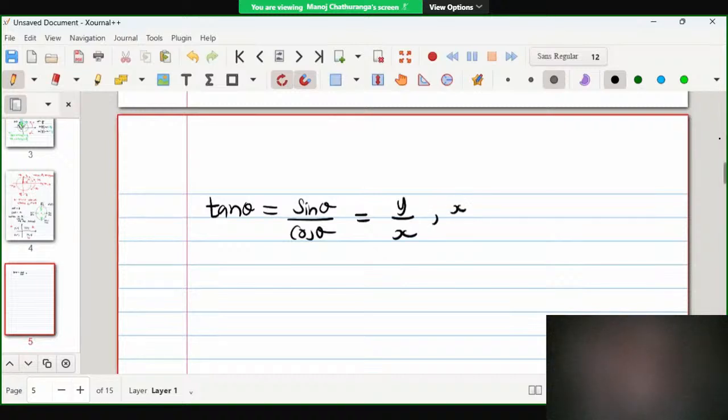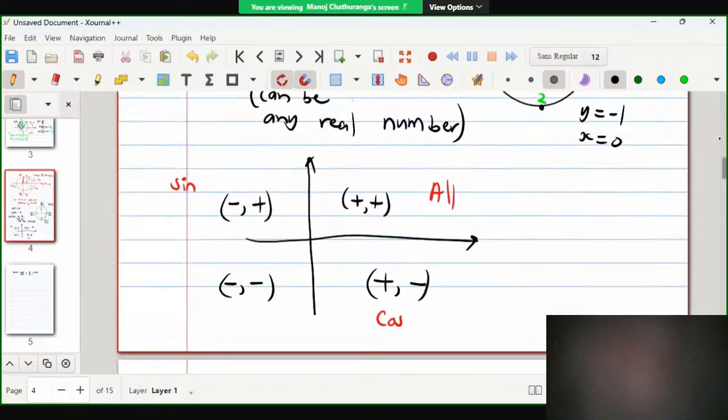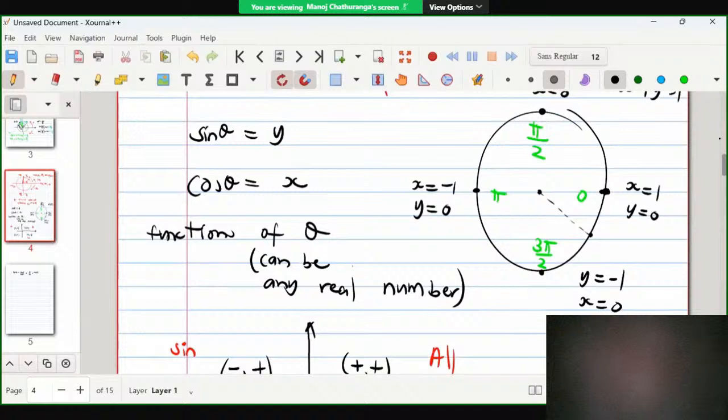We need to make sure x is non-zero. If it is zero, we will have a problem. For example, x is zero here and here, so for those two points we will not have a meaningful assignment.